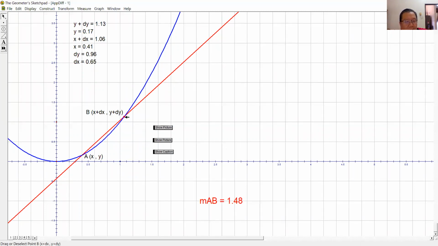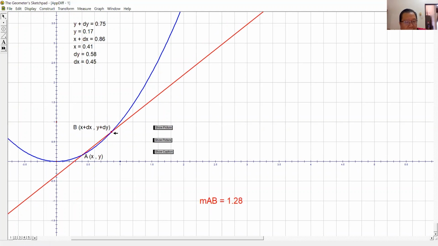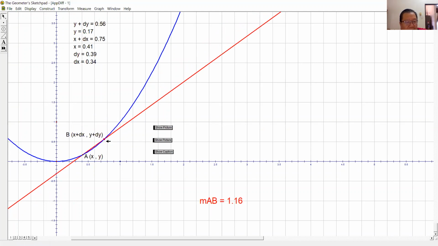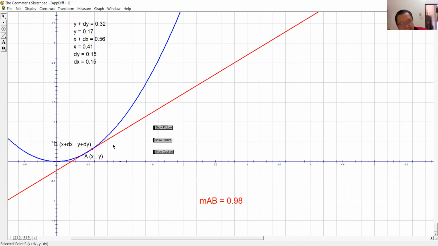I keep moving this point B along the curve towards A. Now, when this point B is near enough to A, can you see? Is this red line still a chord to this blue curve?